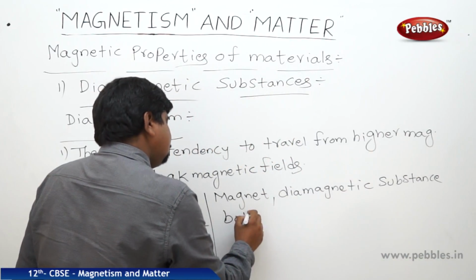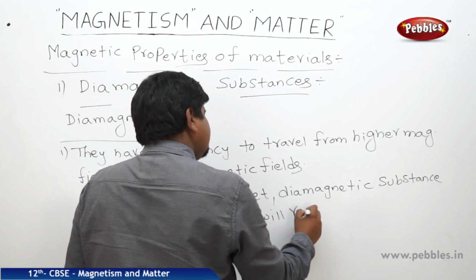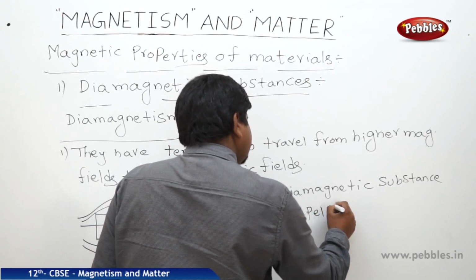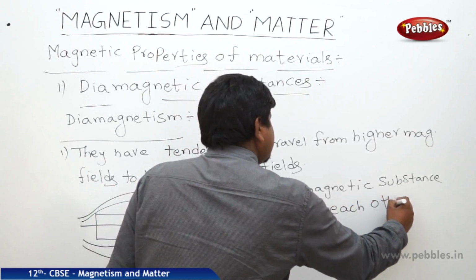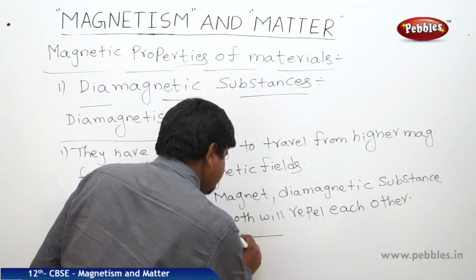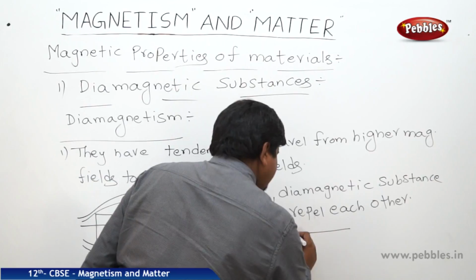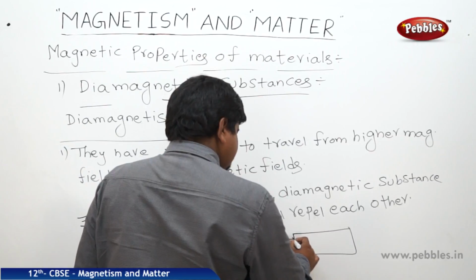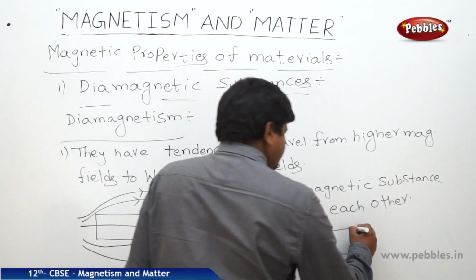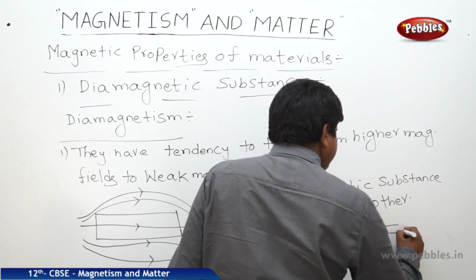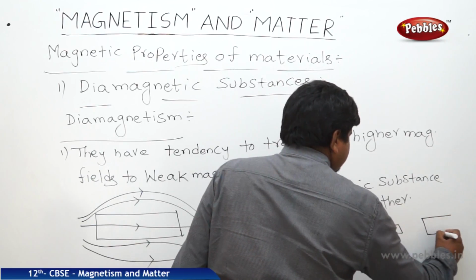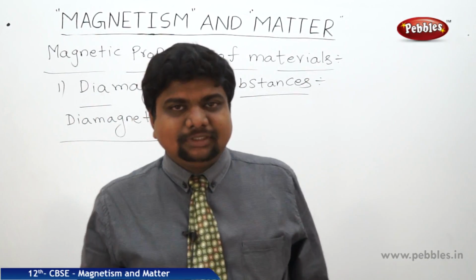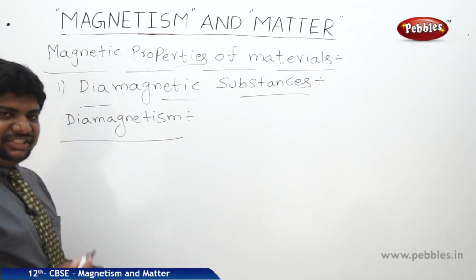Like this, if this is the magnet and this is the diamagnetic, they both will repel each other. So consequently, there is a large separation between the diamagnetic and magnetic materials.